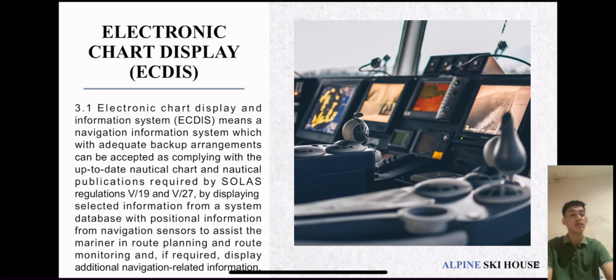So, ECDIS is a navigation system that with backup meets SOLAS regulations by displaying data from a database alongside position info to aid mariners in planning and monitoring routes and showing extra navigation data if needed.